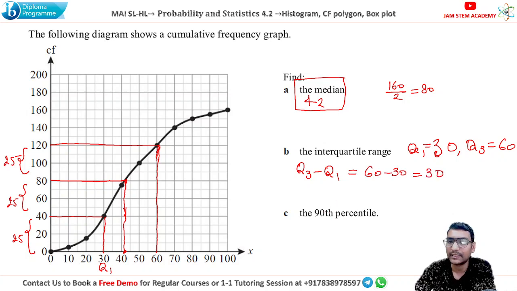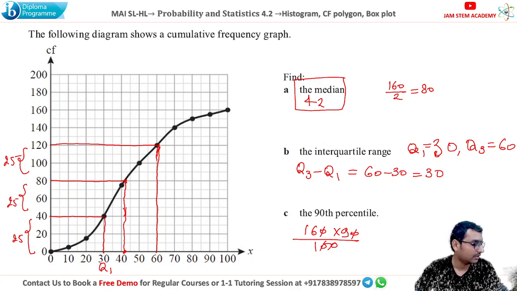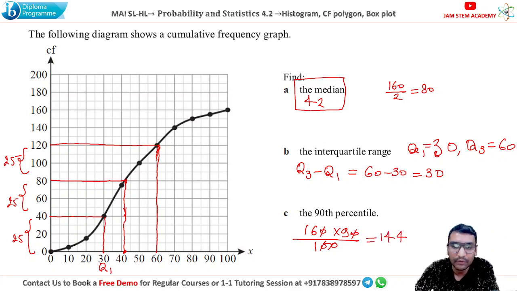Now the 90th percentile, for that find the 90% of 160. What is that? So 160, 90% of that divided by 100, it is 16 times 9 which is 144. So go to 144th observation somewhere here. That's 150, sorry. 144 will be somewhere here.